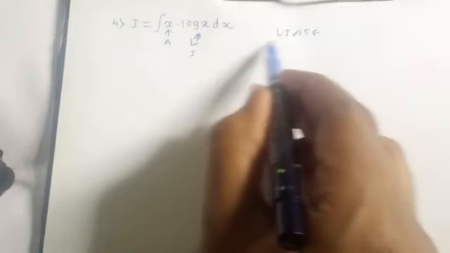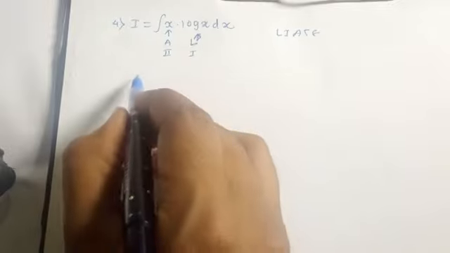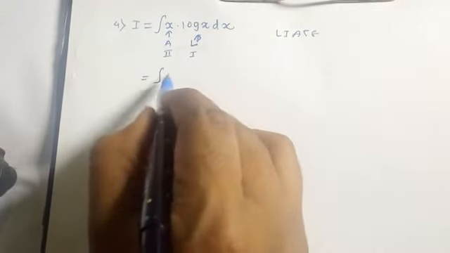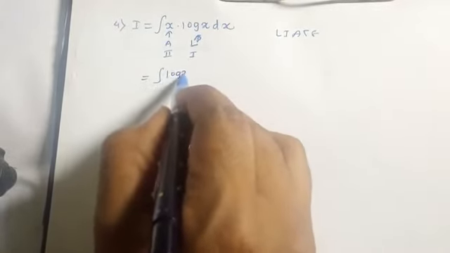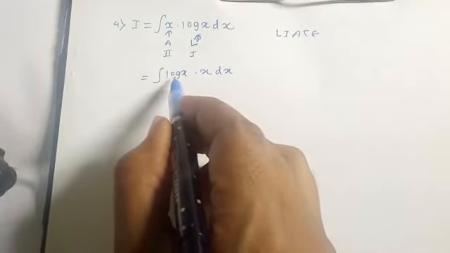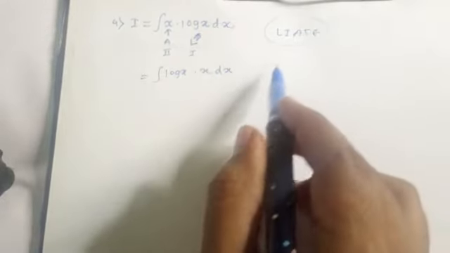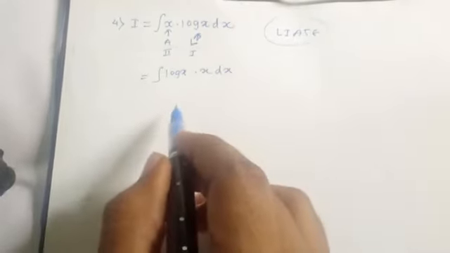LIATE means our logarithmic term is first, and then the second term should be algebraic. So here we take log x first and then x dx, using this LIATE rule for the product rule of integration.